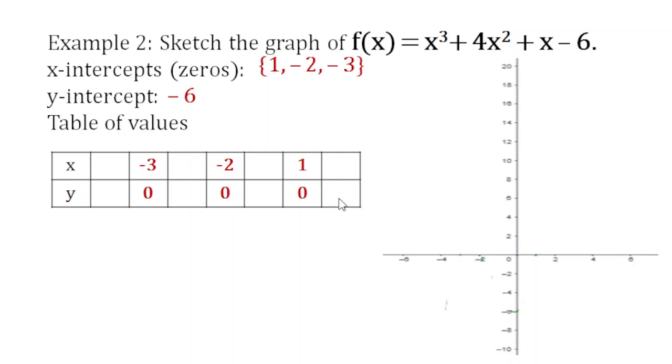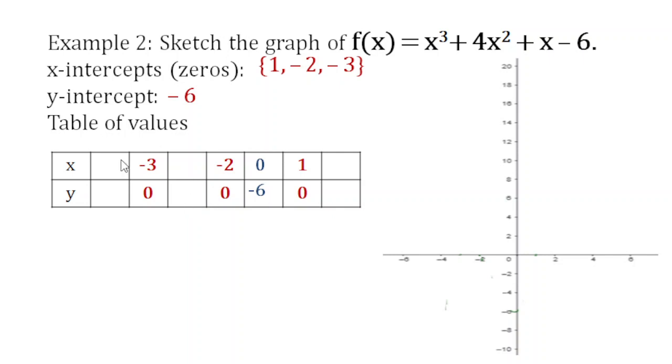I made it on purpose because we would like to see the behavior of the graph before negative 3 and after 1. And of course our y-intercept here is negative 6, so we can just put the coordinates here, 0 and negative 6.